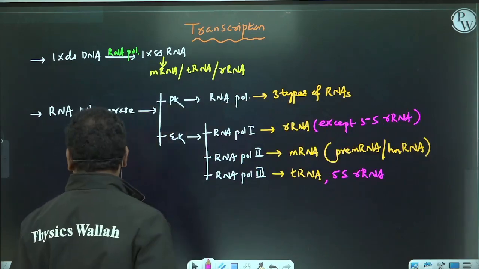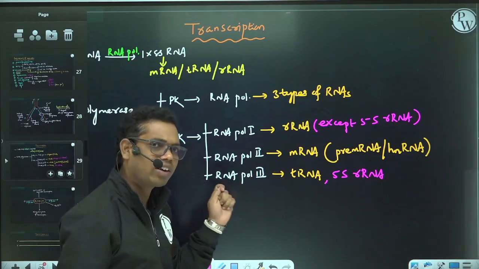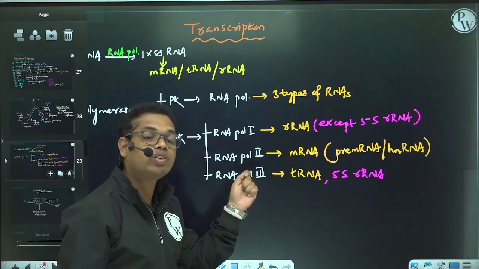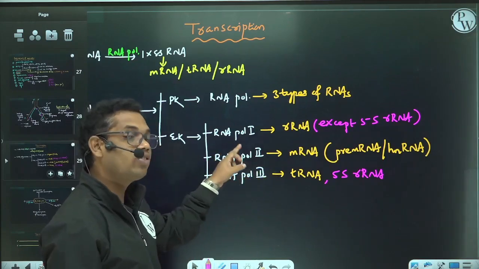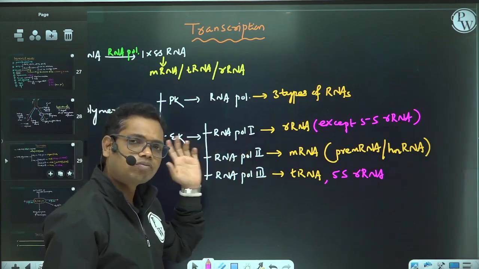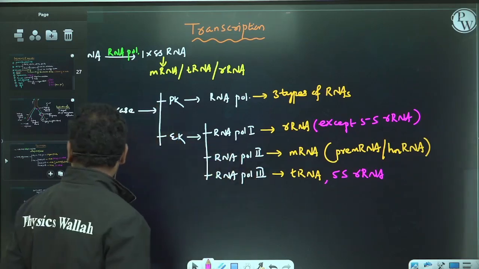Now what about the prokaryotic RNA polymerase? Whenever I say RNA polymerase without a number, think of prokaryotic, because RNA polymerase 1, 2, 3 are from eukaryotes.